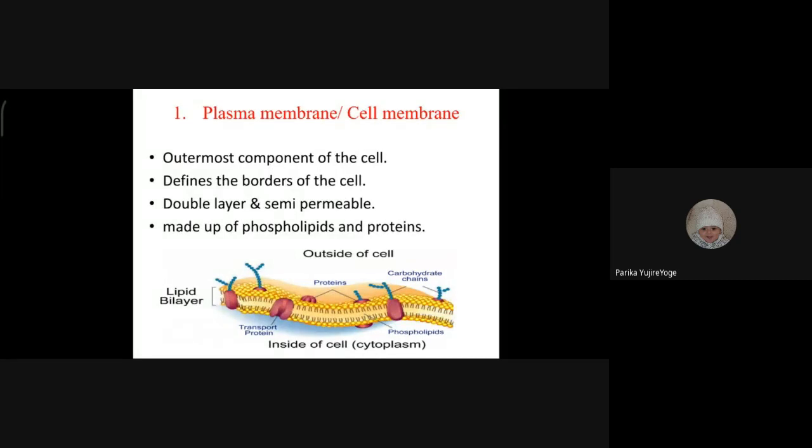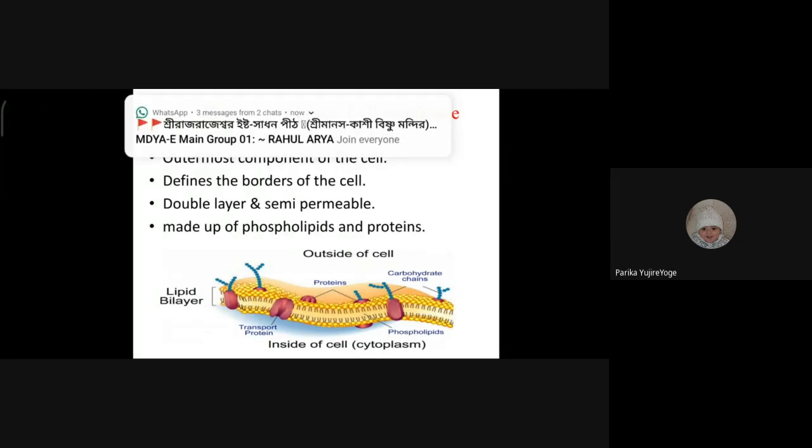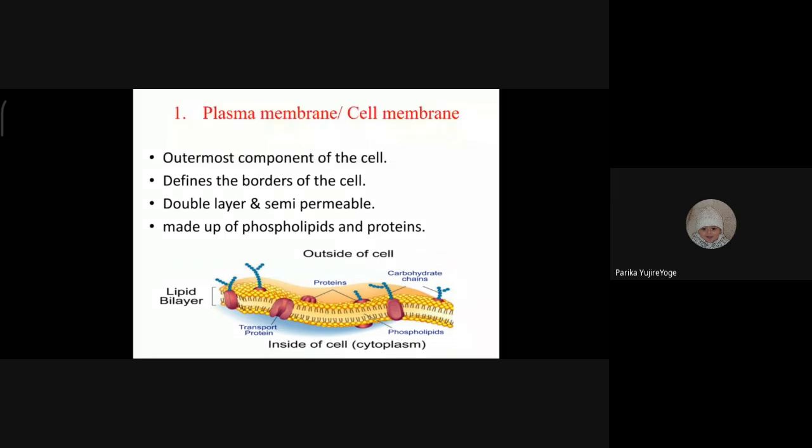These are some extra information I'm talking about. You can write it down, note it down, or if you feel it's not necessary for you, then you may skip. I was talking about the cell membrane, and it is double layered, bilayered.